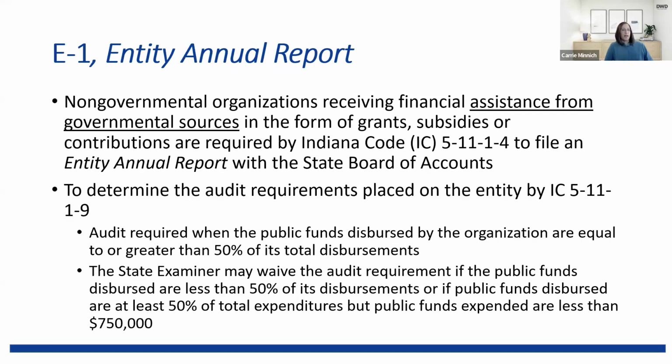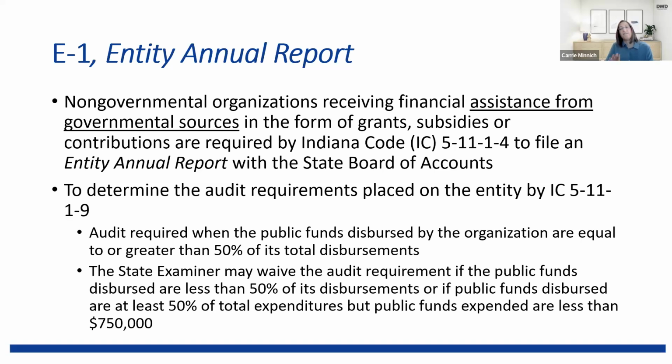Now, we also have what's called an entity annual report, the E1. Don't get this confused with the annual report that we just talked about. This is also a state return, and it needs to be filed by organizations that receive government assistance.